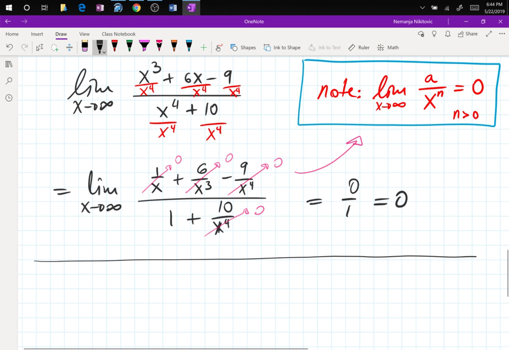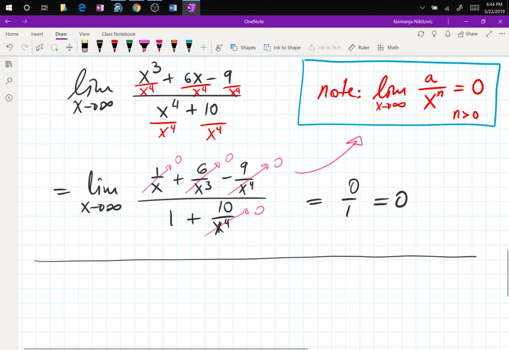So are you saying that the highest exponential value is going to be equal to 0? No. I said that you divide by the highest power so that you can cancel them all, to use the rule here, to simplify.